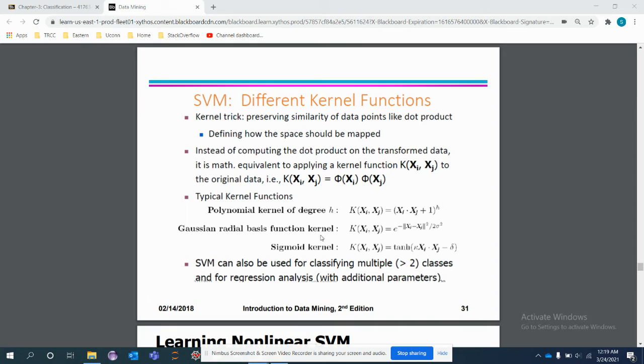Then the radial basis function, the Gaussian radial basis function, is in the form of an exponential, and here sigma is the Gaussian parameter, which is always considered greater than 0. And the sigmoid kernel is always provided in terms of a tanh function.